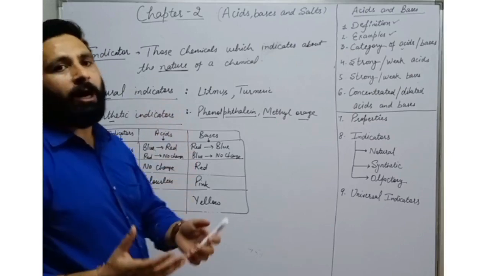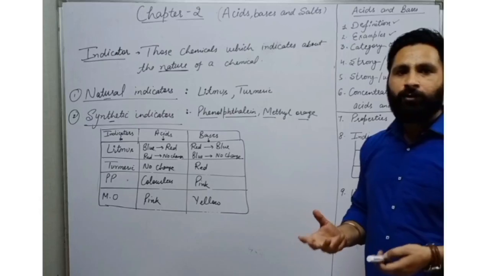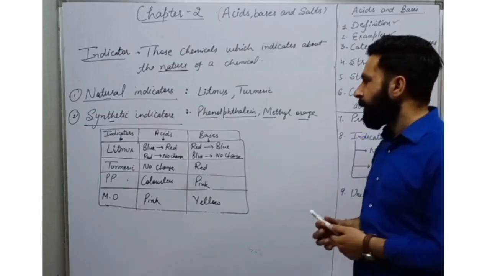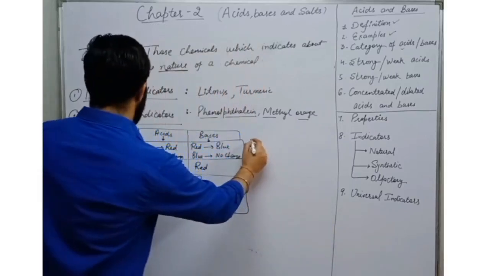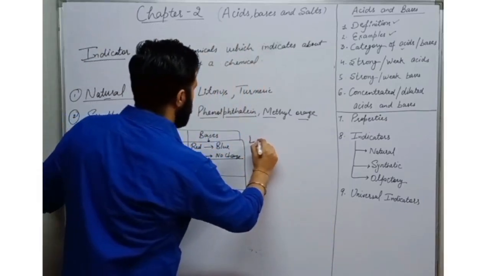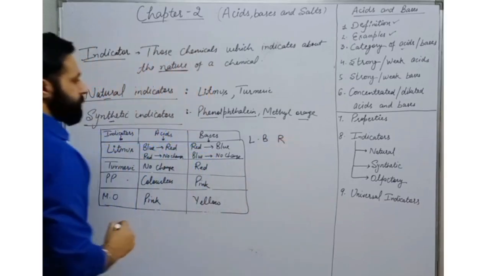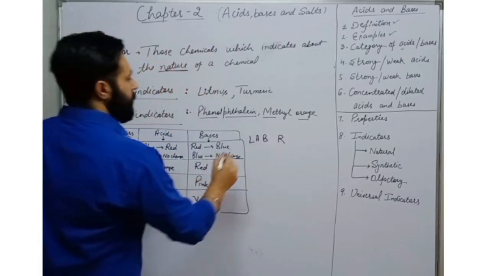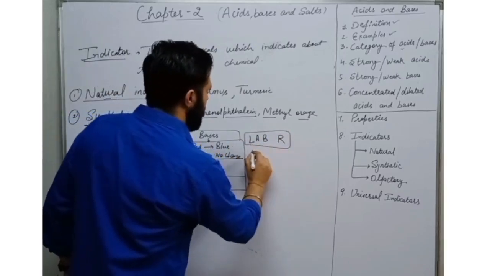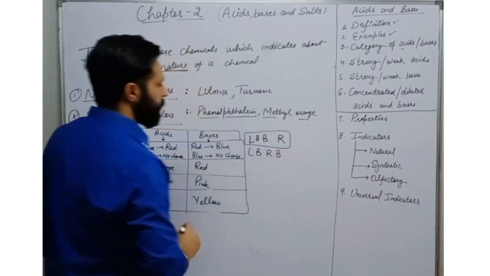The main question is how we will remember it. So use some strategies. In litmus paper, blue to red is in acid, and in base it turns red to blue.